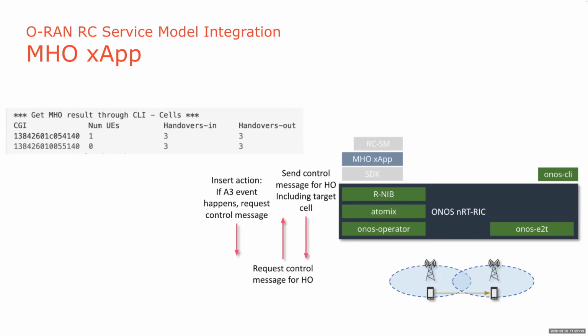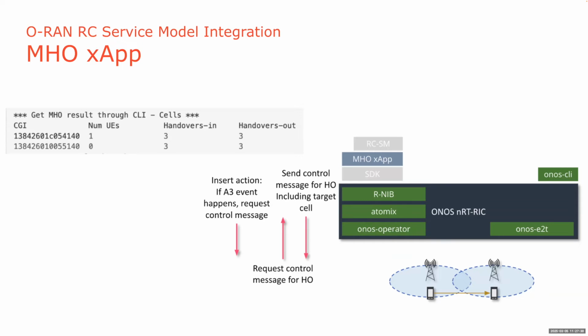As of now, this MHOX application doesn't have any kind of intelligent logic. If that indication message comes in with the insert mode, then MHO just approves it. But we can expand it as a kind of admission control X application or something. As of now, it's a very naive X application.